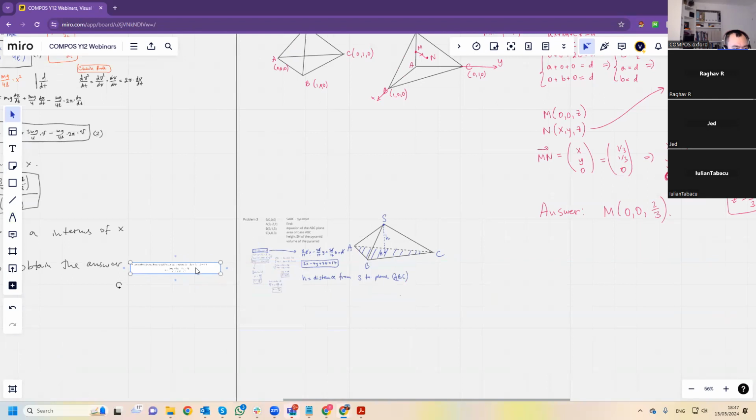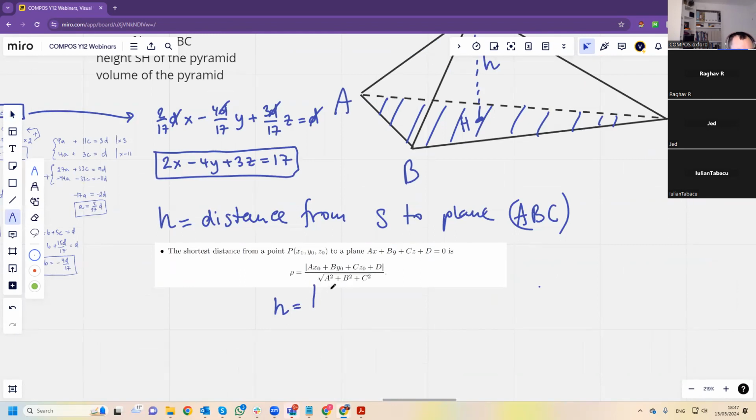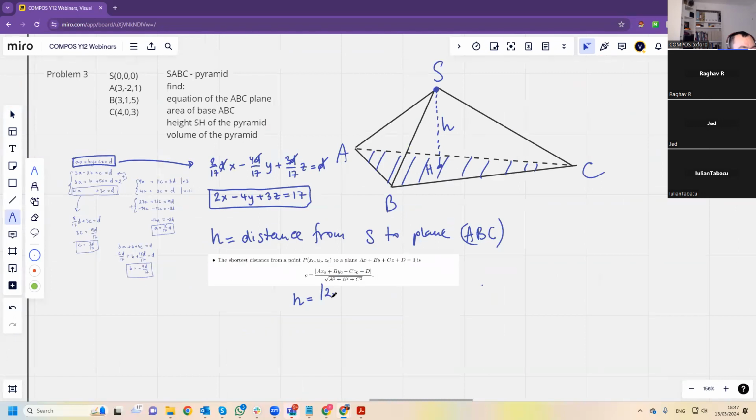The shortest distance. So here's the bit from the assignment. So what we need to do is we need to find h, which is the modulus of ax0 plus by0 plus cz0 minus d. So there's going to be 2 multiplied by, point S is 0, 0, 0, so that makes life easier.